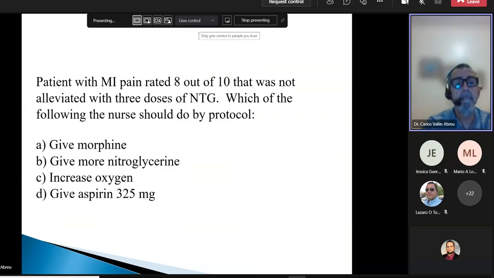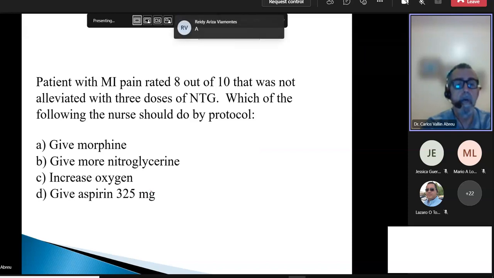So look at this question. Patient with myocardial infarction, the pain is rated 8 out of 10 and was not alleviated with 3 doses of nitroglycerin. Which of the following does the nurse expect to be given by protocol?